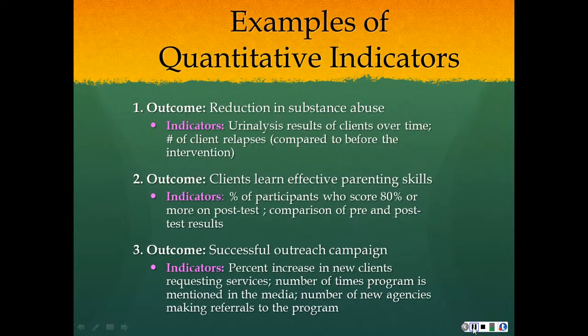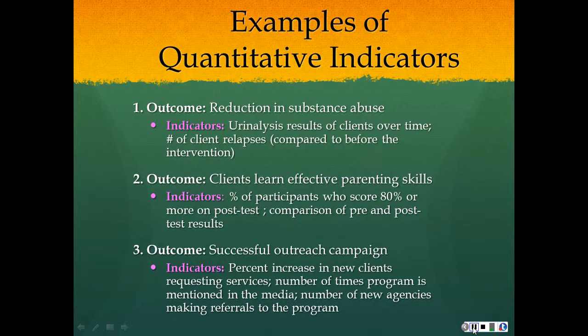So here are some examples of quantitative indicators. If the outcome you're looking for in your program is to reduce substance abuse in your clients, some quantitative indicators that might help you are the analysis results of clients over time or the number of client relapses.